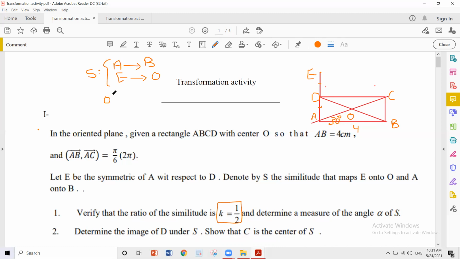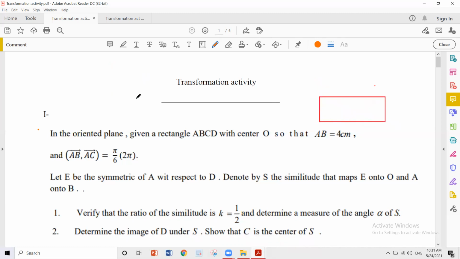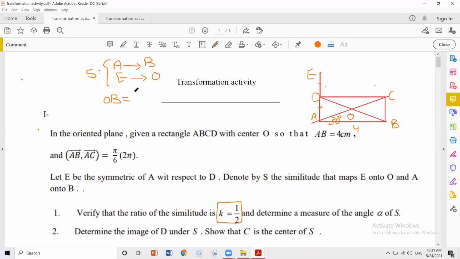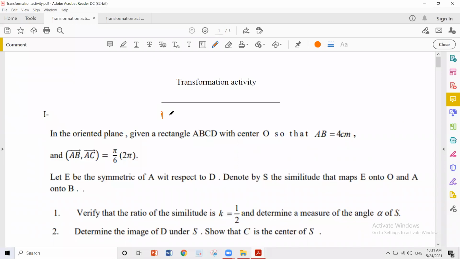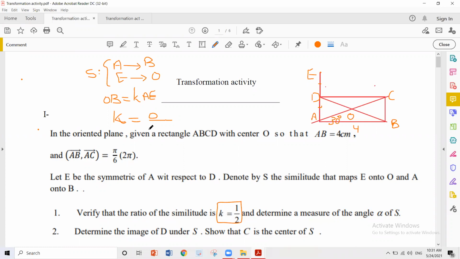OB equals K times AE. Then K equals OB over AE. How to calculate OB? How to calculate AE?